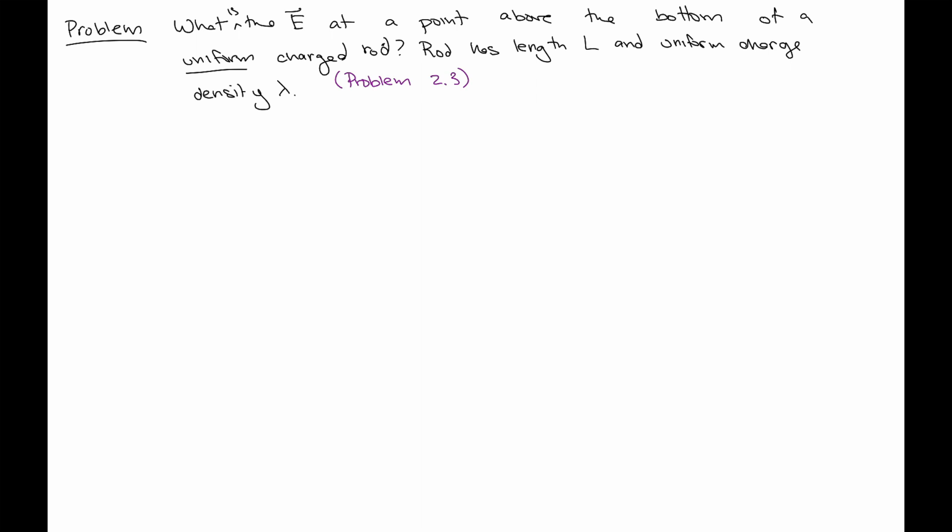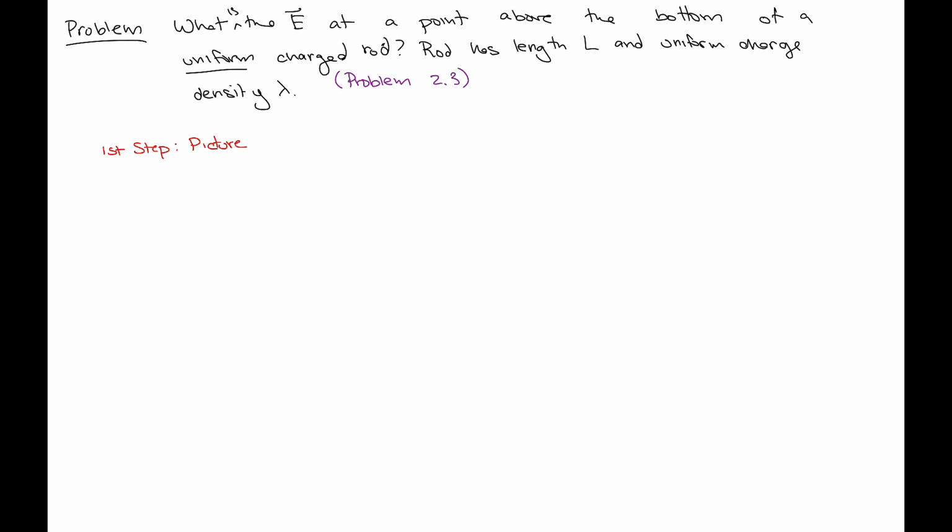The first thing I want to do, not so different than introductory physics or other physics classes, is this: I've got an actual object here, and I want to figure out the electric field at a particular point. So it makes sense to draw a picture. My first step is to draw a picture of the situation.